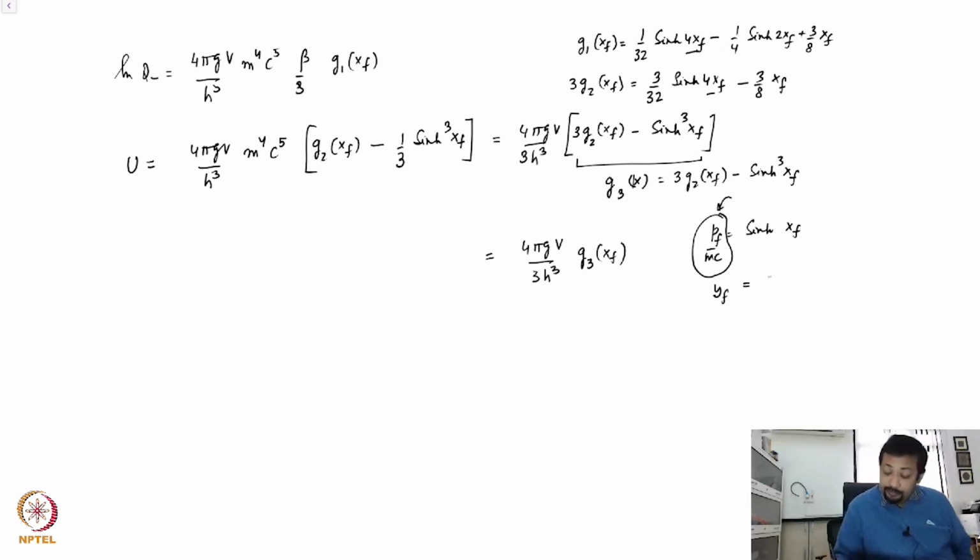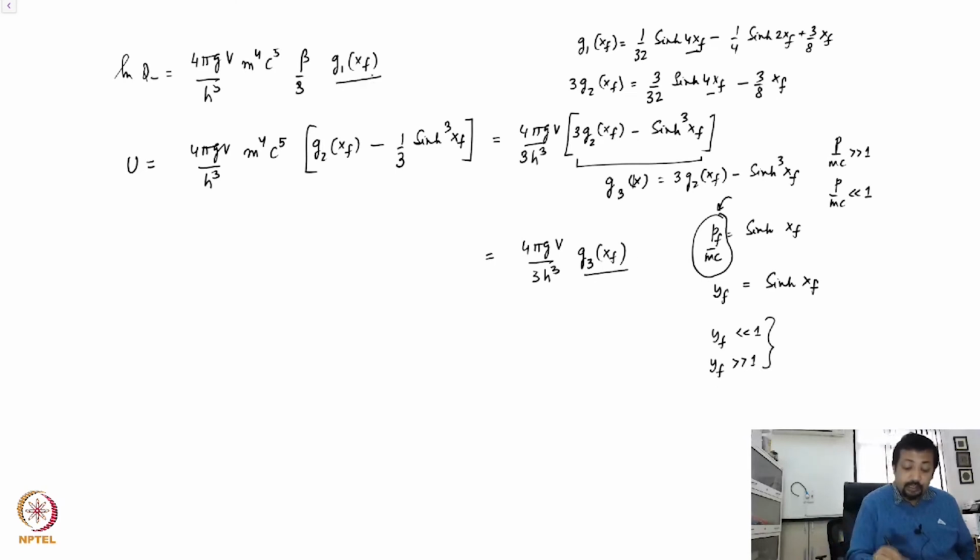In the very beginning of the class I had seen that P over MC much less than 1 corresponds to a non-relativistic gas, and P over MC much larger than 1 corresponds to an ultra-relativistic gas. So I will be looking for the limit of YF much less than 1 and YF much greater than 1. What is going to be the behavior of these functions?